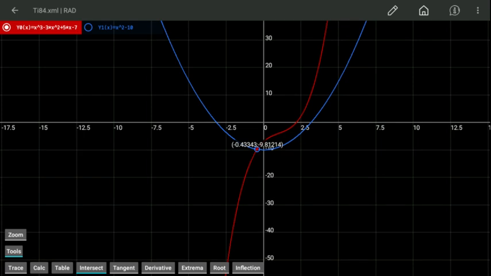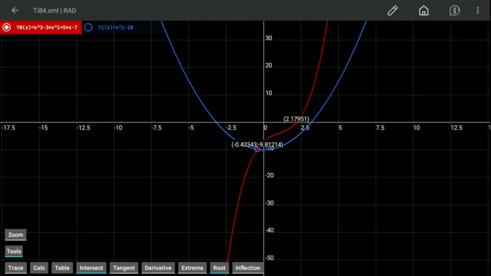Now, other things that can be found are roots. If I press roots on this, it just gave me the roots for the red function. In other words, it's showing me on the x-axis the x value that would make x cubed minus 3x squared plus 5x minus 7 equal to 0.